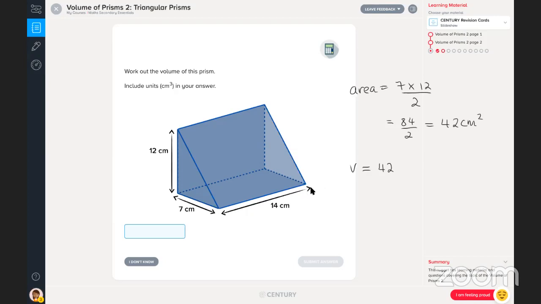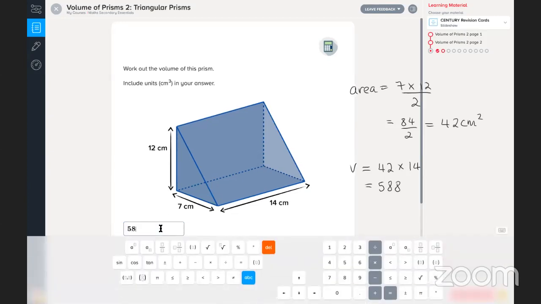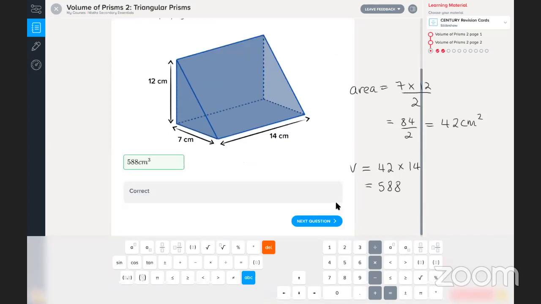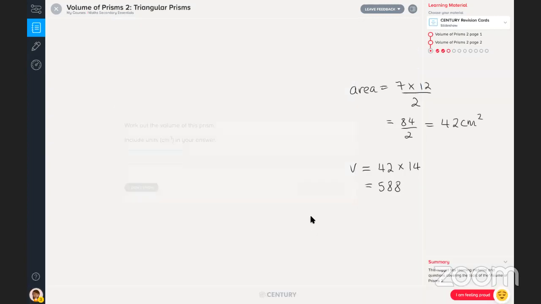So multiplied by 14. And if you really want to challenge yourself, don't use a calculator and actually work these out by hand. But I am going to use a calculator to speed things up. And this is going to give me 588. Okay, and that one is right as well.